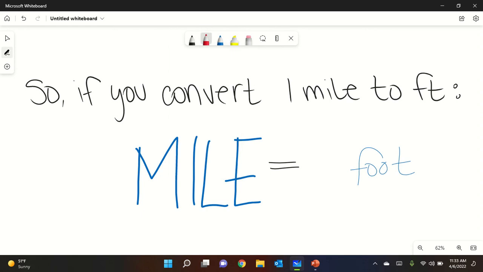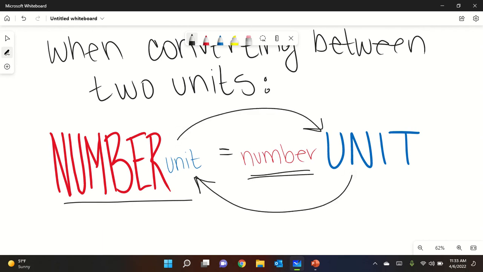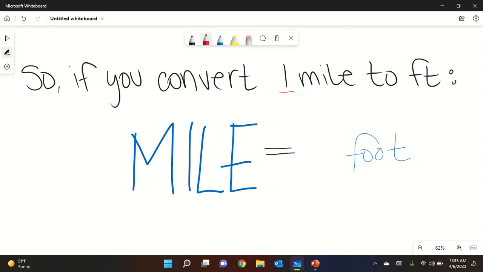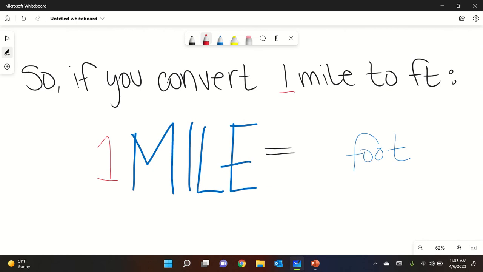Is the number 1 shown here the smaller number or the larger number? We know because, remember, the number gets smaller as the unit gets larger, and vice versa. As the unit gets smaller, the number gets bigger. We know this. So if we come back down here, 1 mile, that's going to be our small number. And our large number is going to be associated with feet.